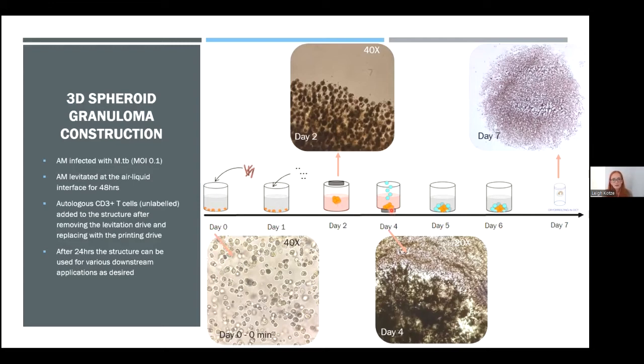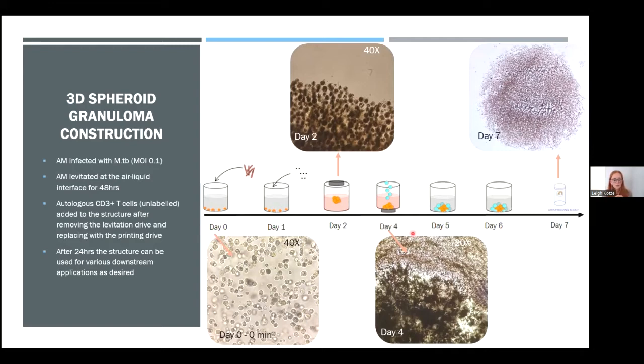We currently add the T cells at day 4 post-infection, and at the day 4 time point, we remove the levitation drive and apply the external magnetic force to the base of the culture plate. This just brings the macrophages to the bottom of the well to allow for the interaction with the T cells that we have added. It's very important to note here that our T cells remain unlabeled.